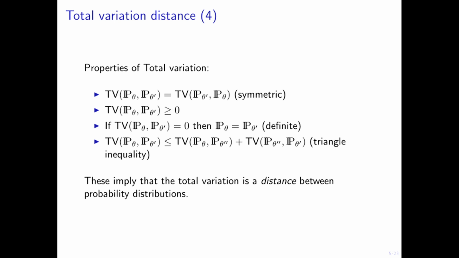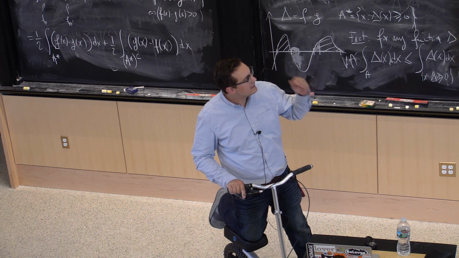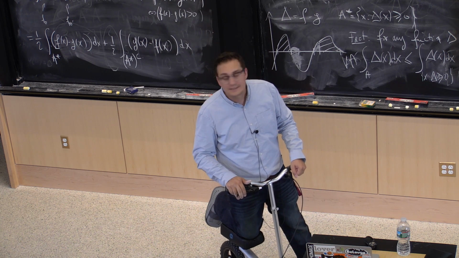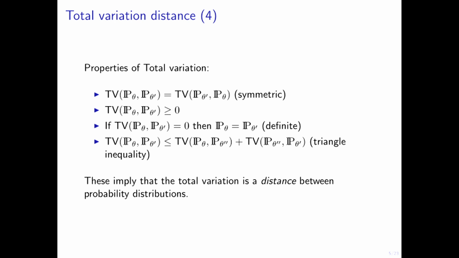If it's not satisfying these things, it's called a pseudo-distance or quasi-distance or just metric or nothing at all, honestly. So it's a distance. It's symmetric, non-negative, equal to 0 if and only if the two arguments are equal, and it satisfies the triangle inequality. And so that means that we have this actual total variation distance between probability distributions.